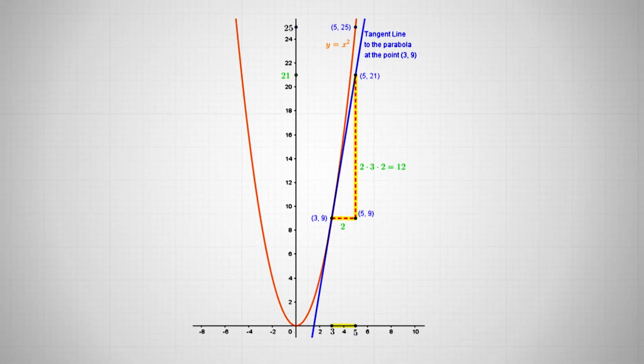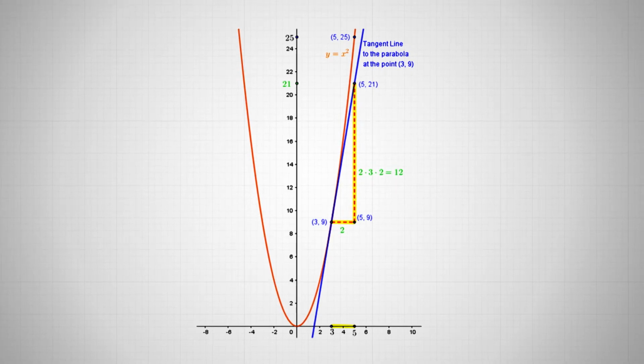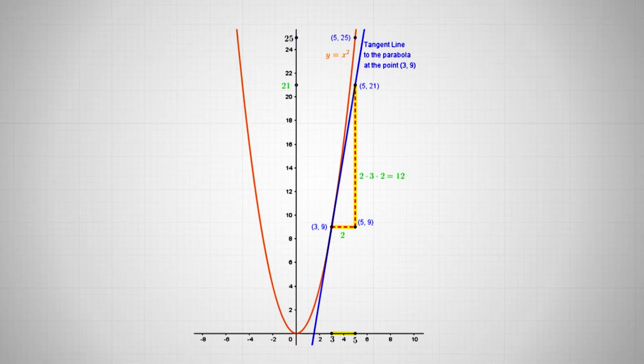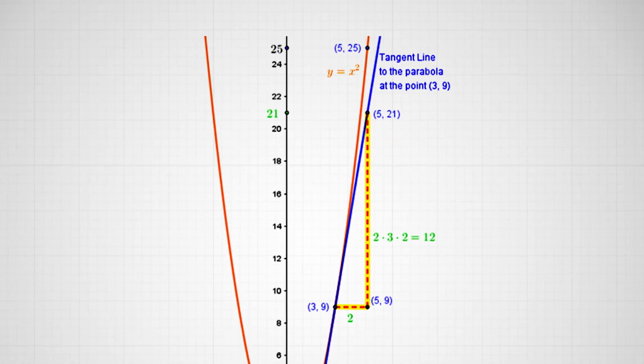That is, y changes from 9 to 9 plus dy, which is equal to 9 plus 12, which is equal to 21. That is, along the tangent from the point (3, 9), we reach the point (5, 21).